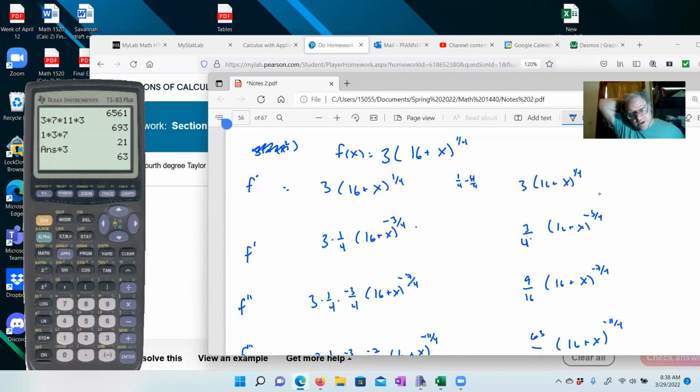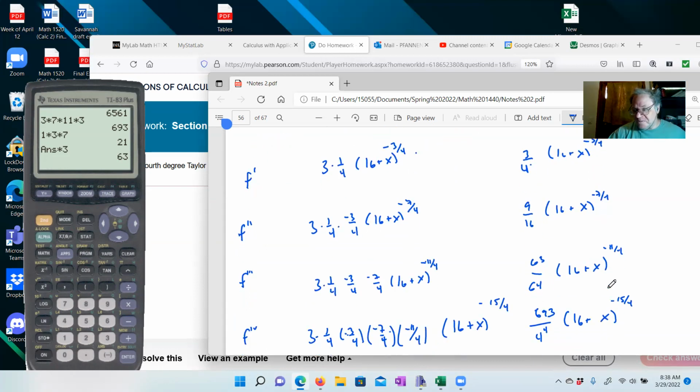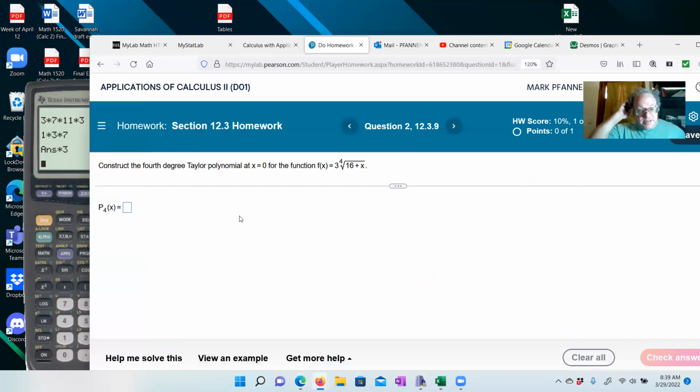All right, now we also have to figure out what happens when we plug in x equals 0. We're going to have to get all of these numbers too. So we're not done yet. We just calculated the coefficients to make it a little bit easier, but then we're going to plug in x equals 0 and plug in all these numbers. Did it tell us what to do with the values there?